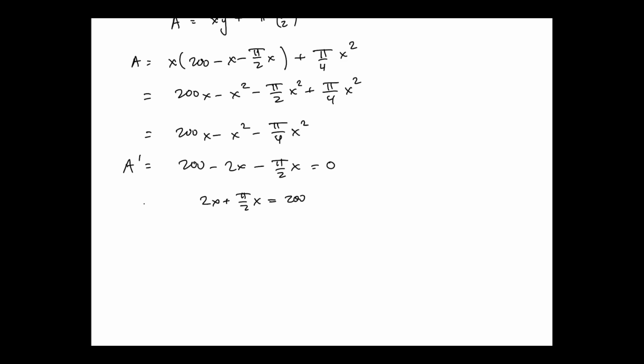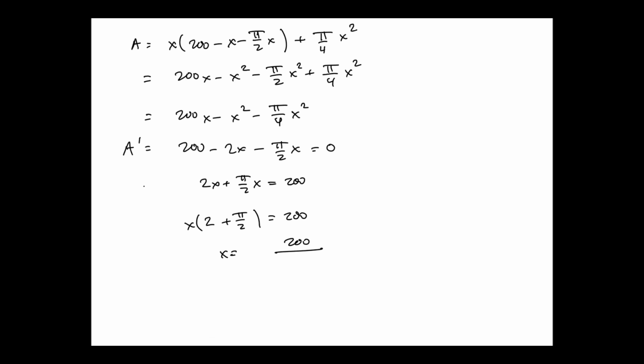Factor everything out: x times 2 plus pi halves equals 200. And so x would be 200 over 2 plus pi halves, whatever number that is. Does that make sense?